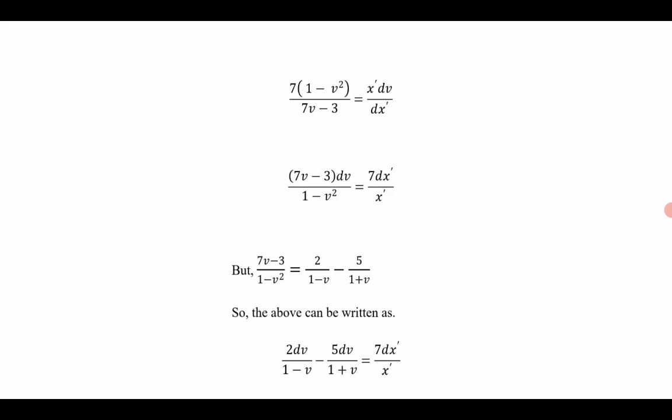But on partial fractioning of (7v minus 3) divided by (1 minus v square), we get 2 by (1 minus v) minus 5 by (1 plus v). So the above equation can be written as 2 dv divided by (1 minus v) minus 5 dv by (1 plus v) equals 7 dx prime by x prime.